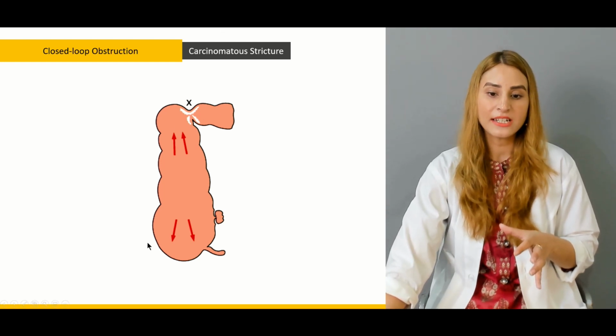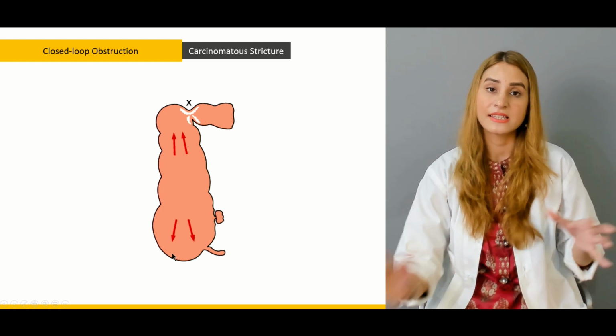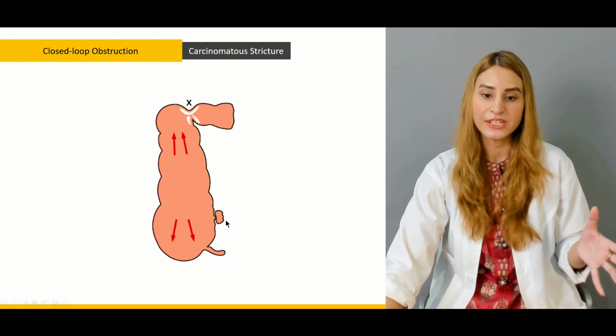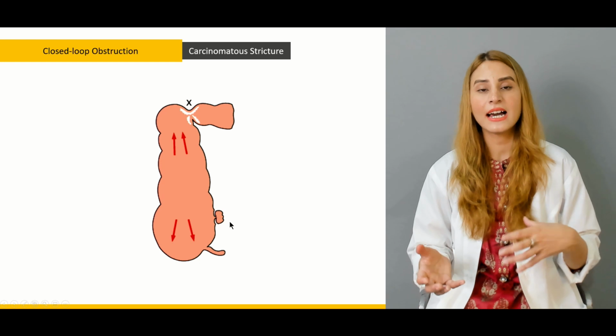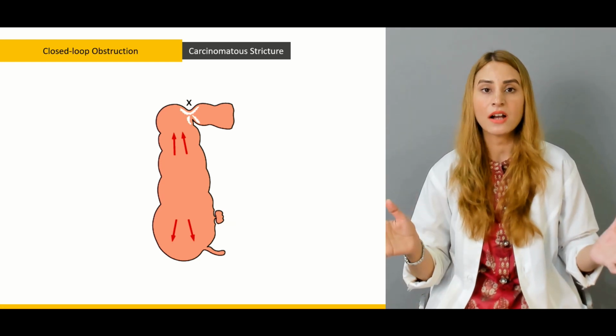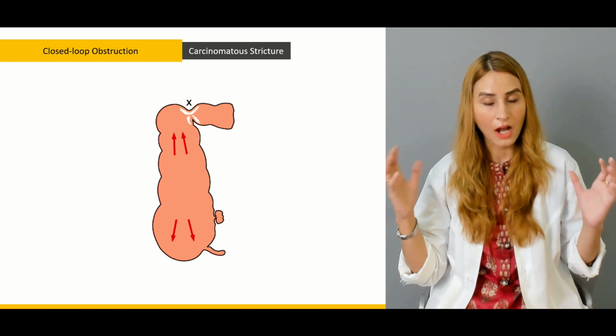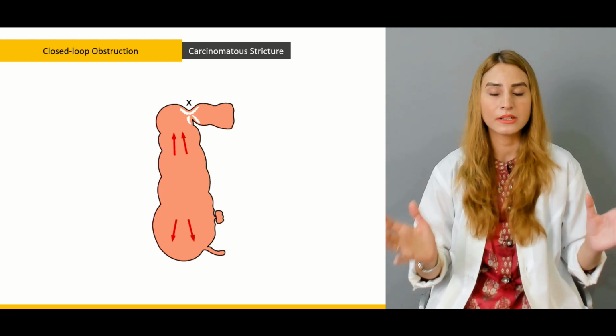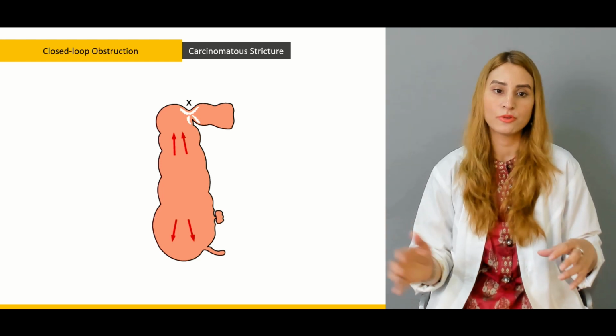Particularly, this is a closed loop obstruction because there is a stricture here as well, and a stricture here as well. So there's a stricture proximally and distally, and in between the portion is dilated.